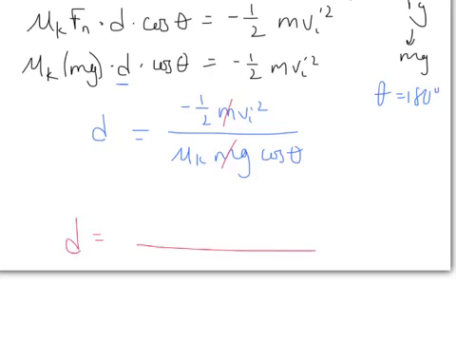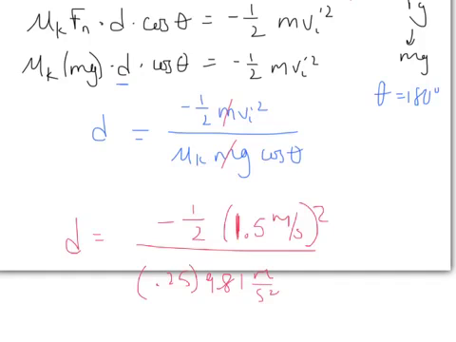We know the following. We've got a negative 1/2. Initial velocity was 1.5 meters per second. That quantity is squared. Mu k was 0.25. g is 9.81 meters per second squared. And we have cosine of 180 degrees.